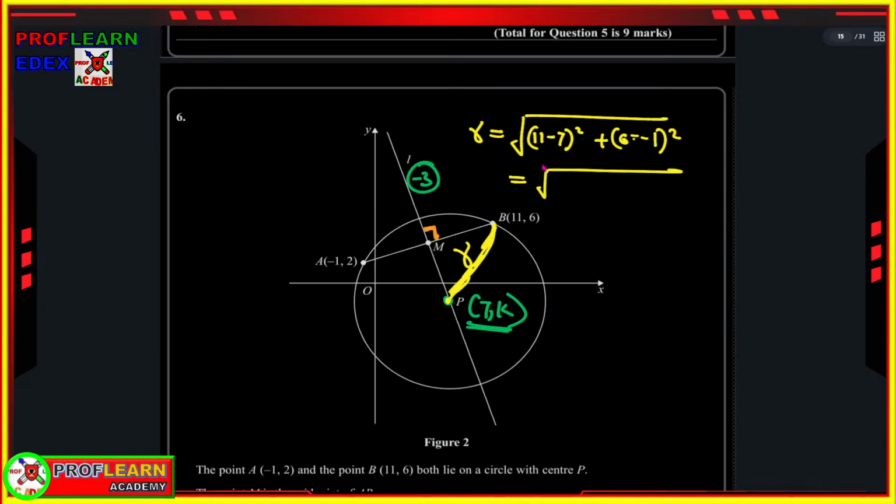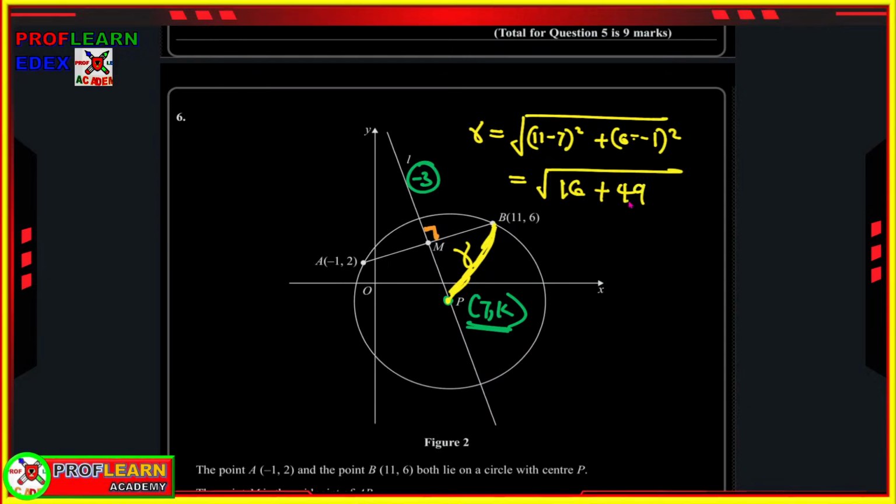You need to use your calculator at this point. 11 minus 7 becomes 4, so 4 squared is 16, plus 7 squared becomes 49.